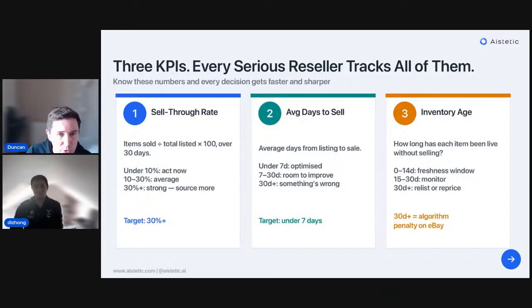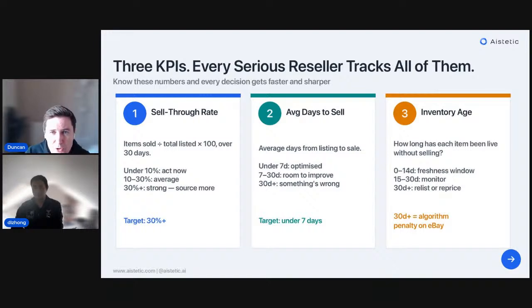If you're over 30%, you're strong, and you should be sourcing more of those items generating that sell-through. The target is to hit above 30% on a 30-day rolling basis. The second KPI is average days to sell. Under 7 days, you've optimized. 7 to 30, you've probably got room to improve, and over 30, there's something wrong. The target is to get that number under 7 days.